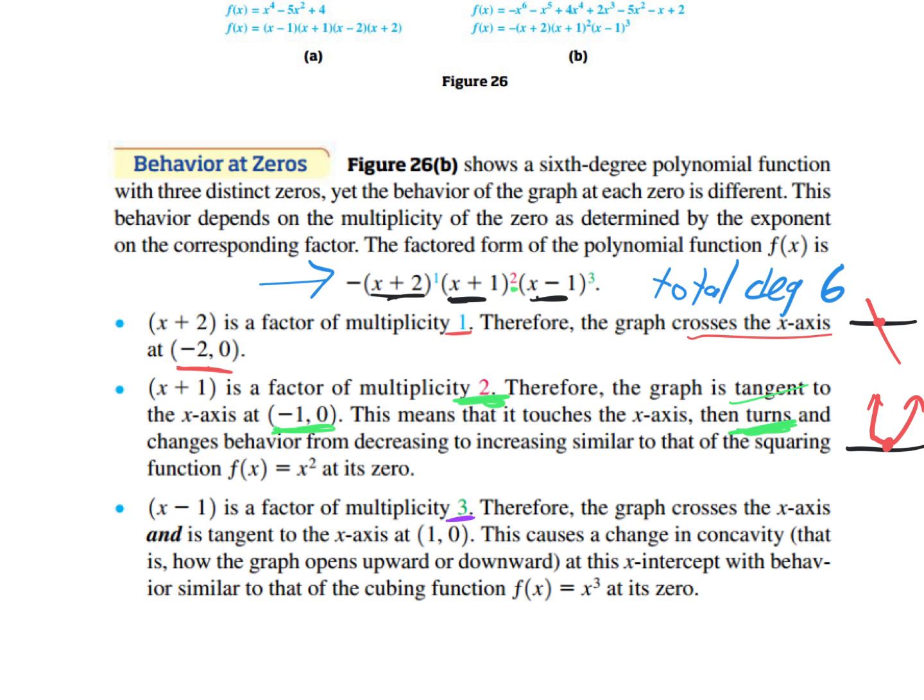It's similar to a multiplicity of 1, and if you think about why, it's because they are both odd values. They mention that it does two things: it crosses and is tangent to the point, and that's very hard to visualize. But if you think of it as a cubic function, you can see what it does at that point very easily.